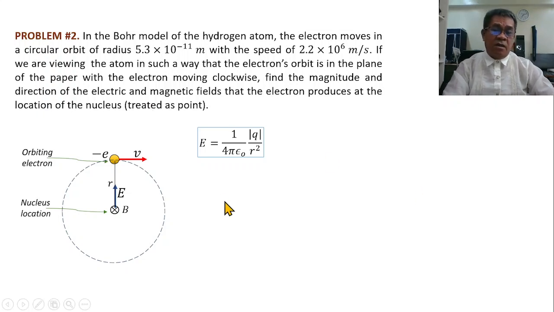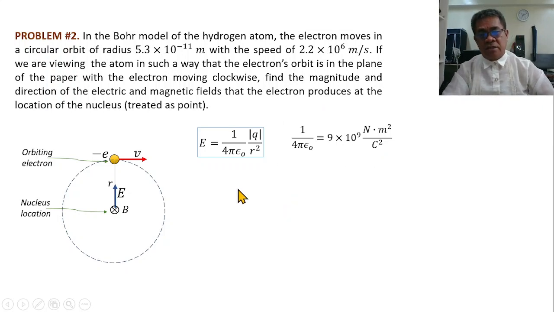So let's calculate first the electric field. We will be using this formula, 1 over 4 pi permittivity times Q over R squared. Remember, 1 over 4 pi permittivity is equal to 9 times 10 raised to 9 newton meter squared per coulomb squared. This is what we learned in electrostatics.